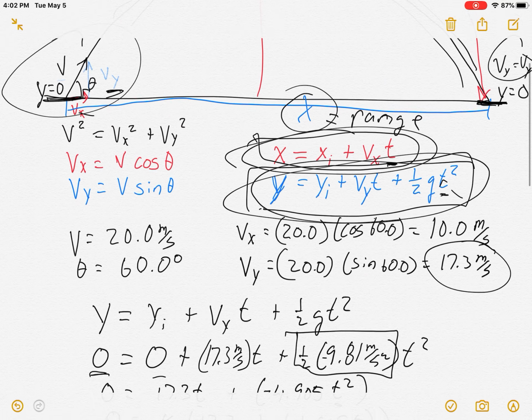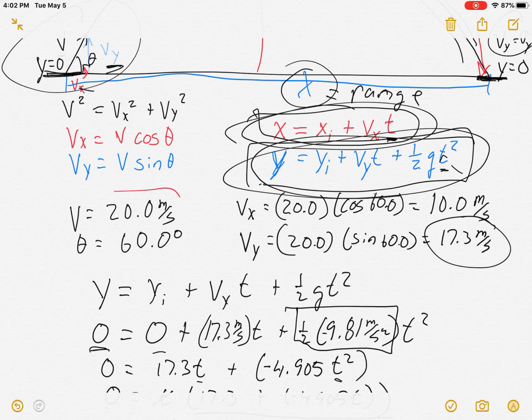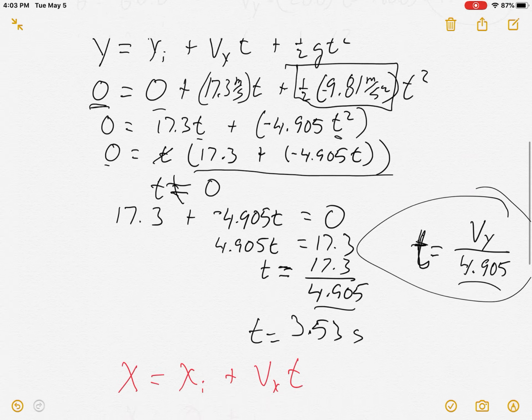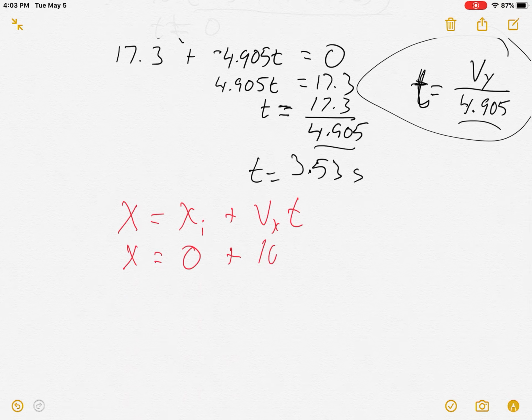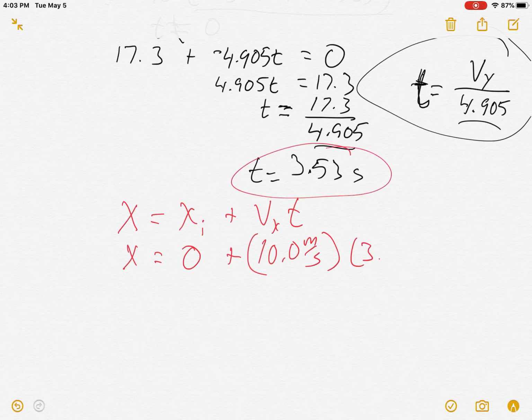The horizontal velocity, if we scroll back up here, we found that Vx is 10 meters per second. So we've got 10.0 meters per second, and the time we just figured out was 3.53 seconds. So this is very easy and tells us that x, or the range, is 35.3 meters.